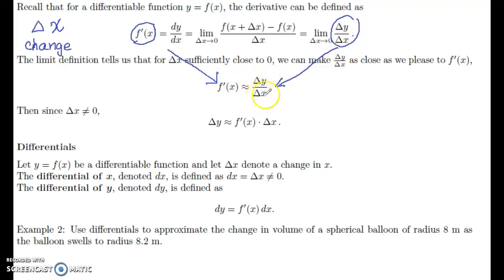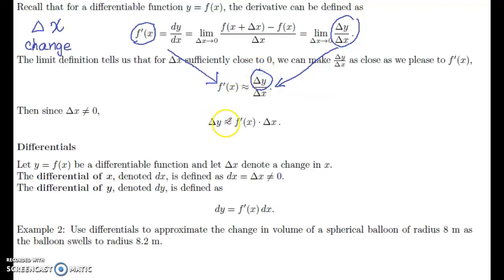And as delta x gets smaller and smaller, closer and closer to 0, this quotient is closer to the derivative. And that's why it's related to the slope. Because delta x is non-zero, we can multiply both sides by delta x to solve for the change in y.